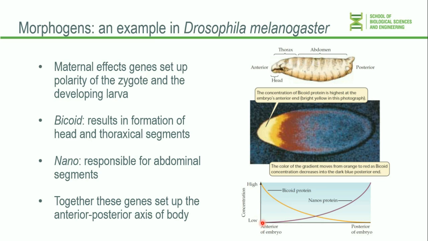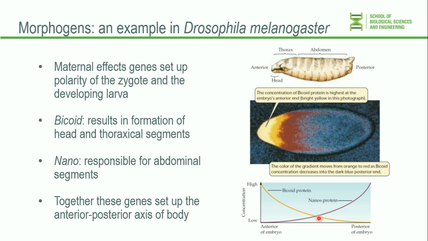Here we have the anterior of the embryo, here we have the posterior of the embryo. We can see that the concentration of bicoid protein is very high at the beginning, that is at the anterior end, and then it drops, whereas the pattern for nanos protein is reversed. It's very high in the rear, that is the posterior of the embryo, and then drops as we move towards the anterior end. All right.